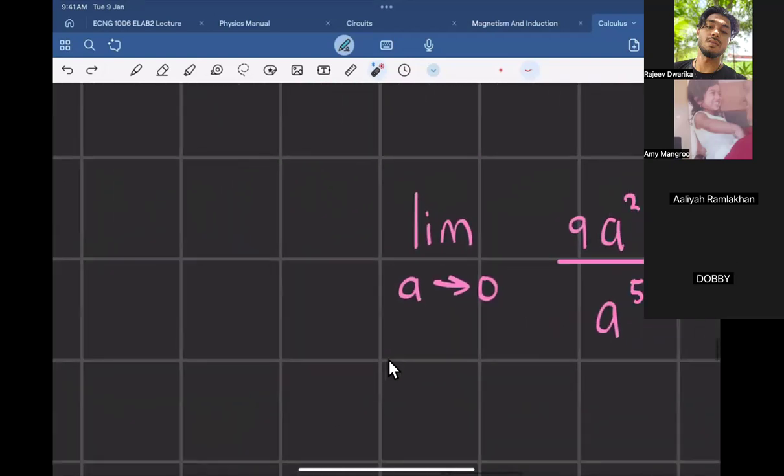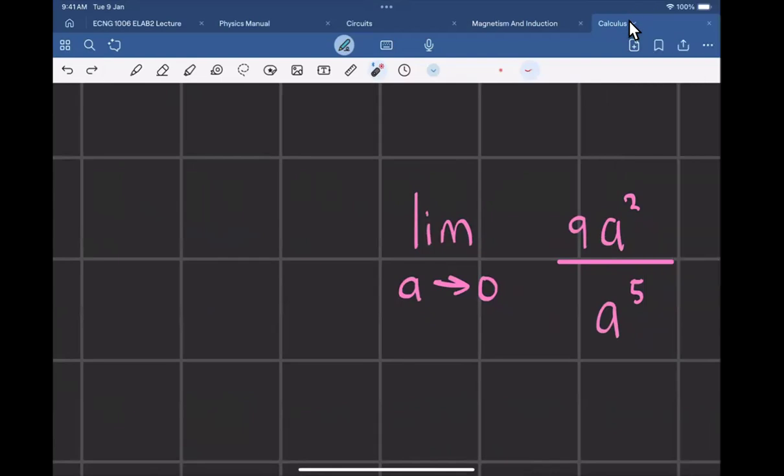What about this question? You need to simplify before you do anything. So how would I simplify this? We could use indices here, but if it's divided, that means we're taking away.